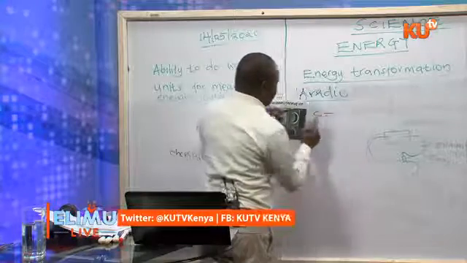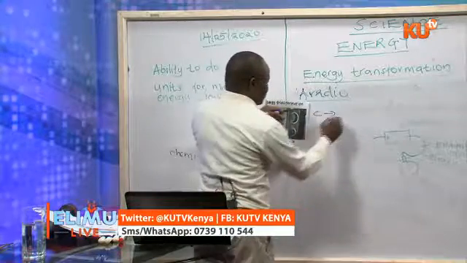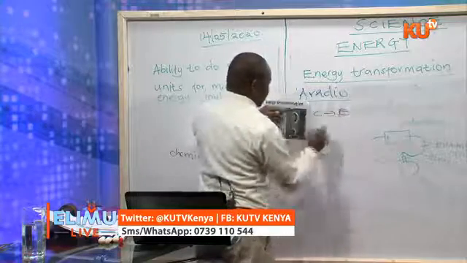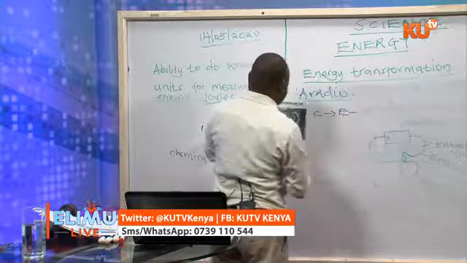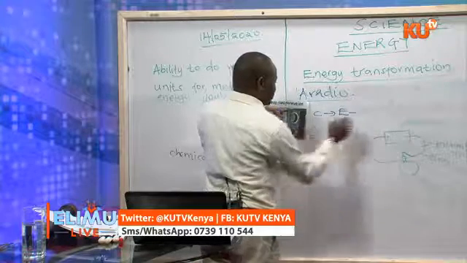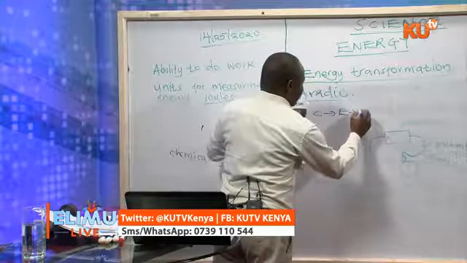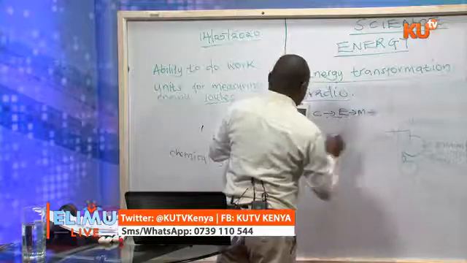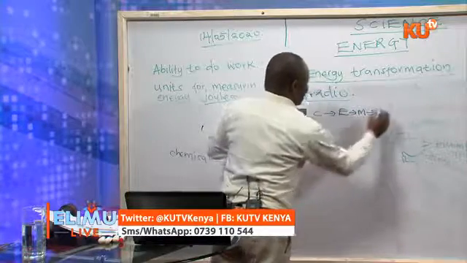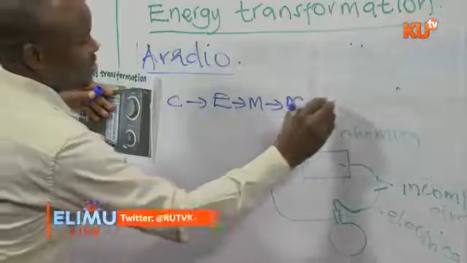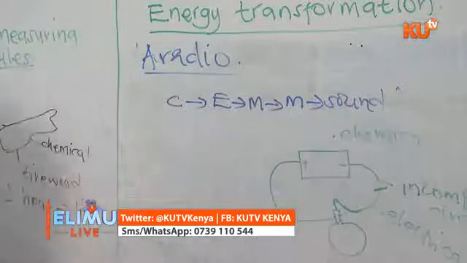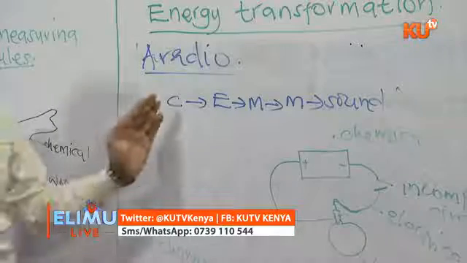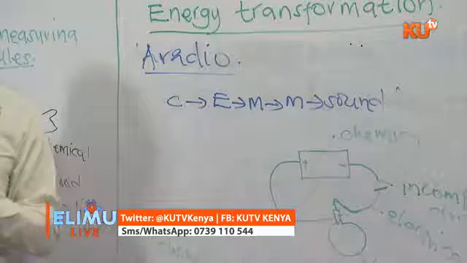Chemical energy, let me use the initial. Electrical energy, then we have magnetic energy. Chemical energy, electrical energy, energy in wires. Then we have magnetic energy, then we have mechanical energy, then last we have sound energy. Let me take you through this for you to understand. We have chemical energy, the energy in dry cell.